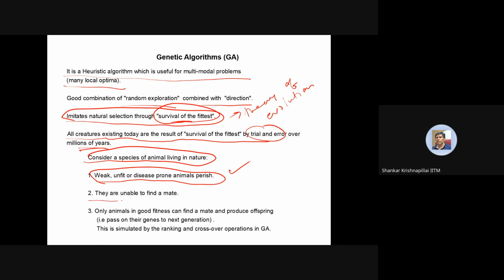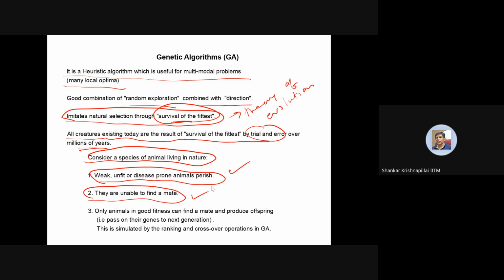Even if they don't die, the sick or unfit animals are unable to find a mate, so their genes are not transmitted to the next generation. An animal which is weak, not resistant towards disease, etc., will not be able to find a mate and transmit its genes to the next generation.